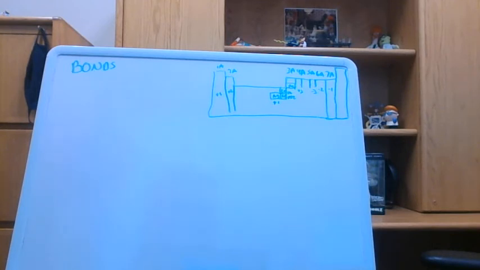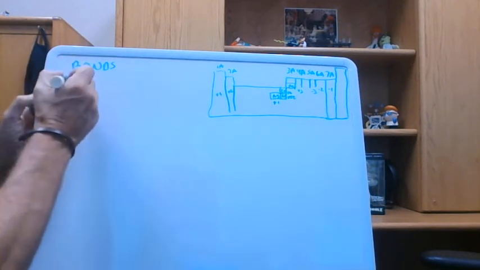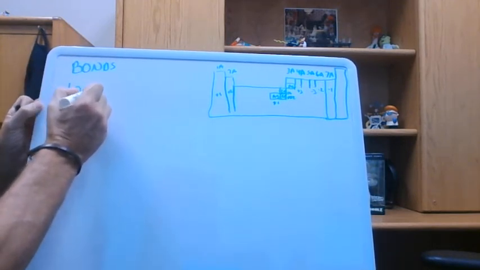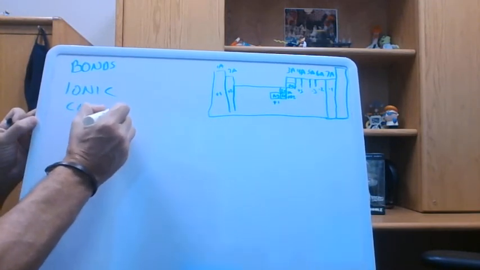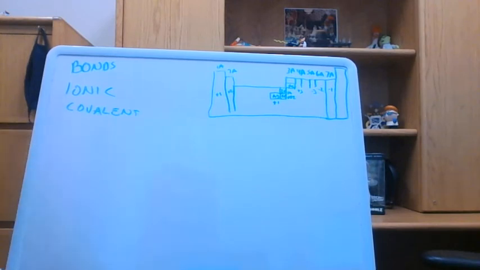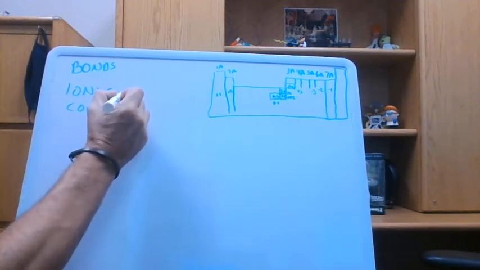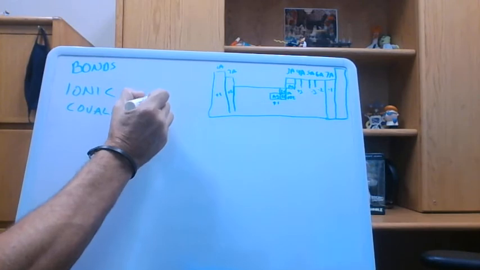We have ionic bonds, and we have covalent bonds. And ionic bonds tend to be formed when we have a metal plus a non-metal.